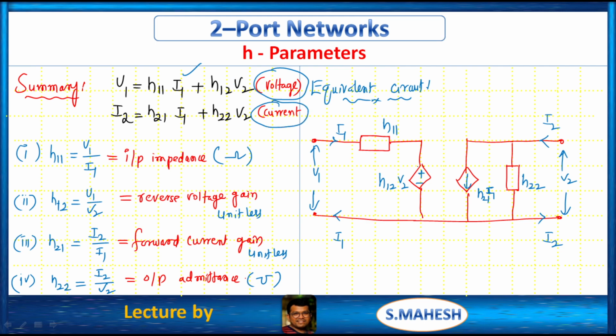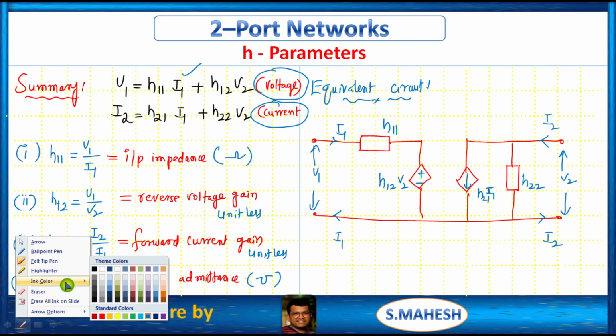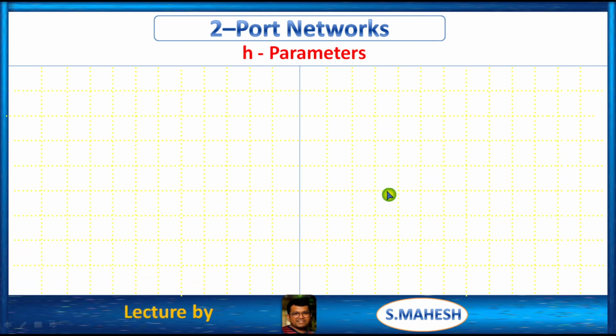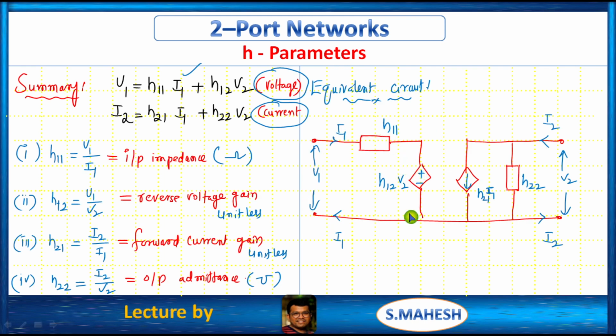See, this part is nothing but the impedance parameter equivalent circuit notation. This part is the admittance parameters equivalent circuit notation. That's why these H parameters are hybrid parameters. Okay, this is about H parameter representation.